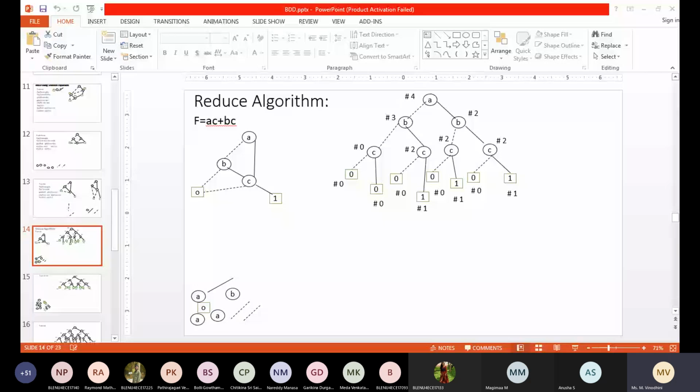Second method, for any given Boolean expression, using Shannon's expansion method, you have to follow that procedure. Consider that expression, take the first variable in that expression, assign it 0 or 1, and this procedure we need to follow first if it is using Shannon's expansion method.